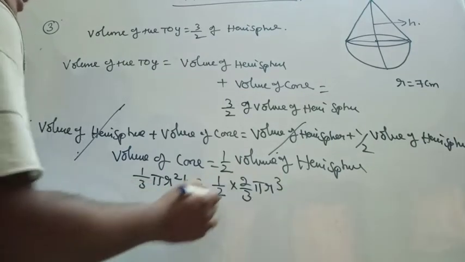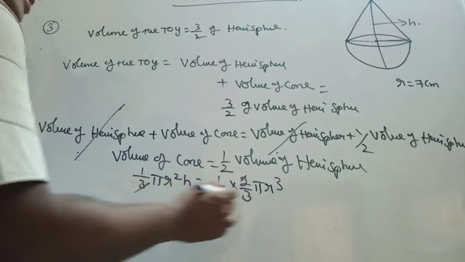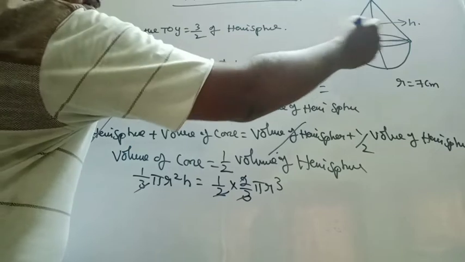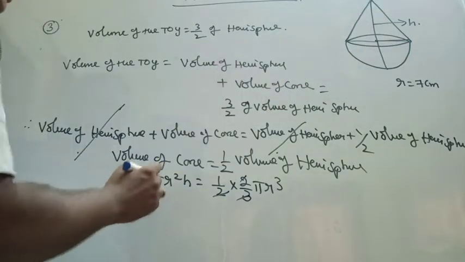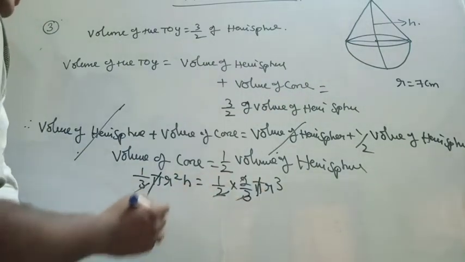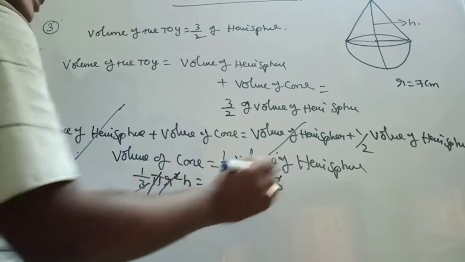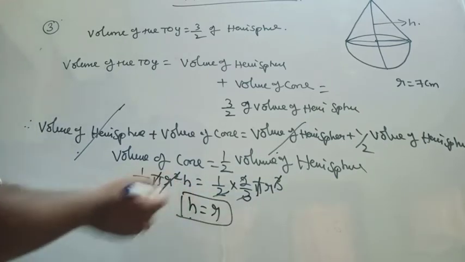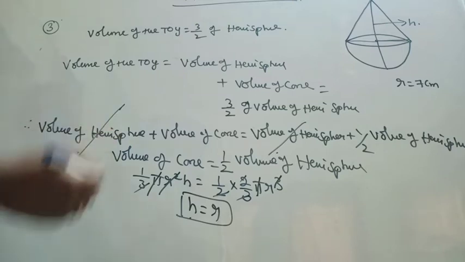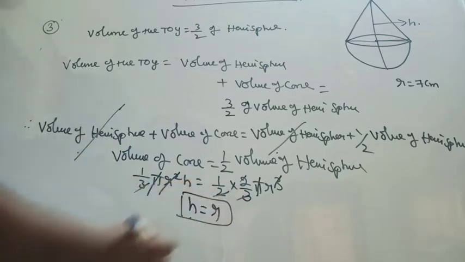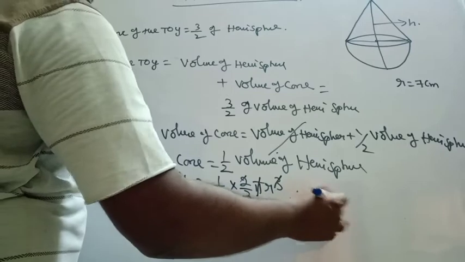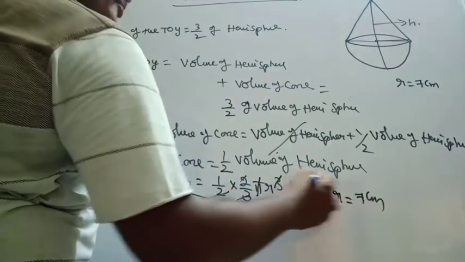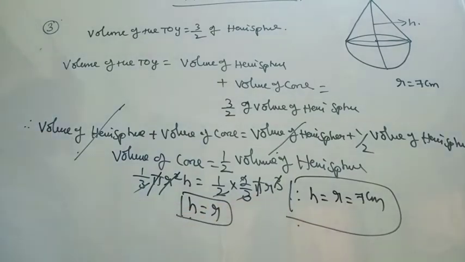Here 2 will cancel, 3 will cancel, pi will cancel, and r square will cancel, because the hemisphere and cone have the same radius. That means height is equal to radius. Therefore, height of the cone is equal to the radius, 7 centimeter. Beautifully you have got this.